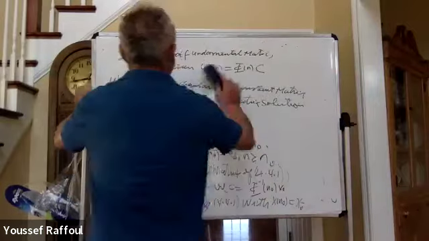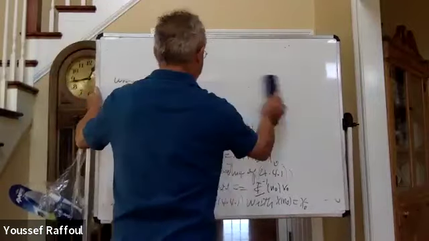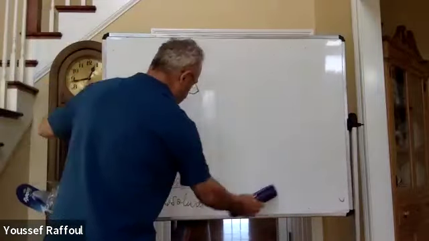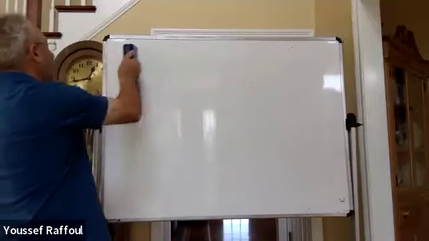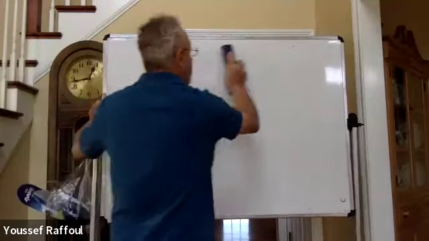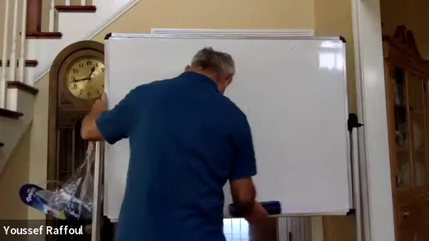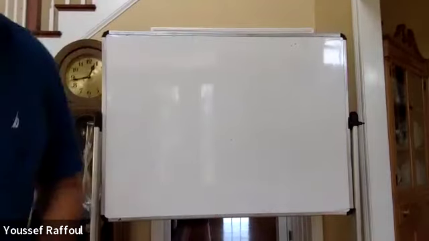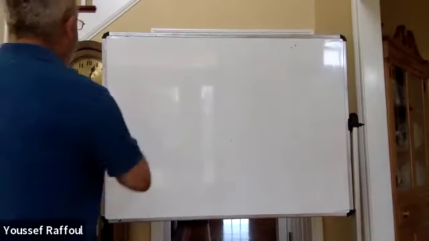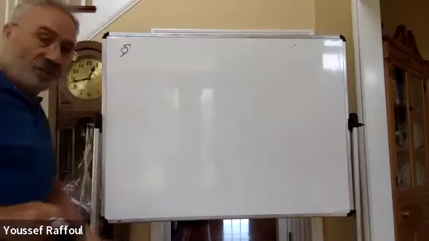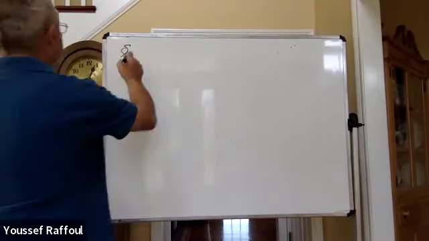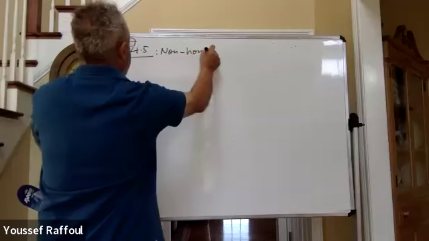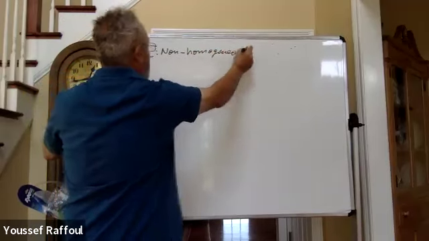All right. Okay. So now this is section 4.5, non-homogeneous systems.